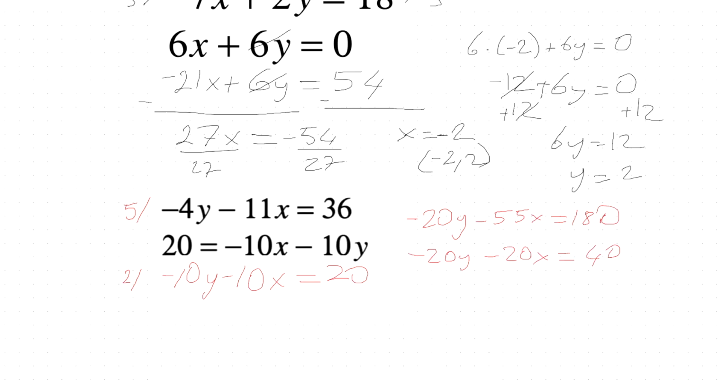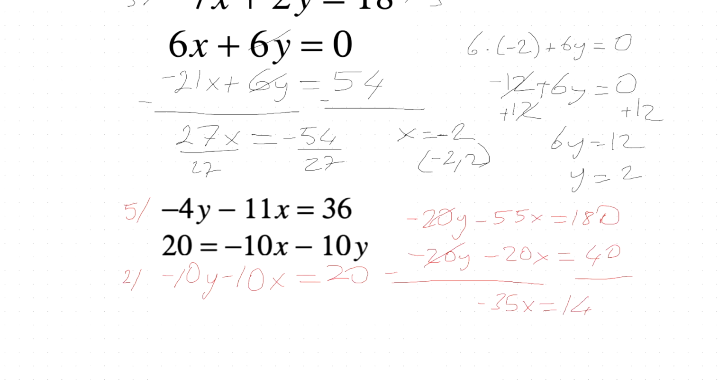They have the same sign. If they have the same sign, remember we subtract. Negative 20y minus negative 20y becomes positive and they cancel each other out. Negative 55x minus 20x becomes positive and it makes negative 35x. And take away 40 from 180, which is 140.